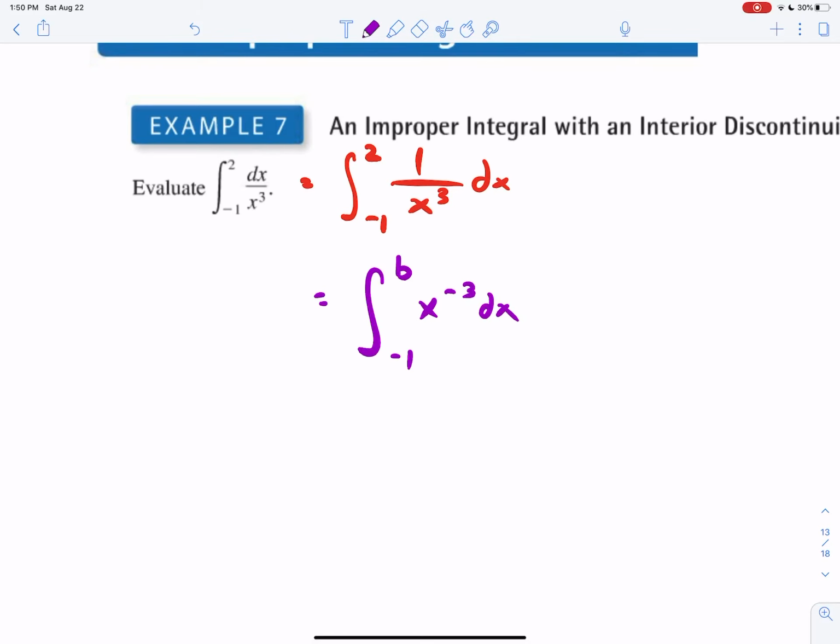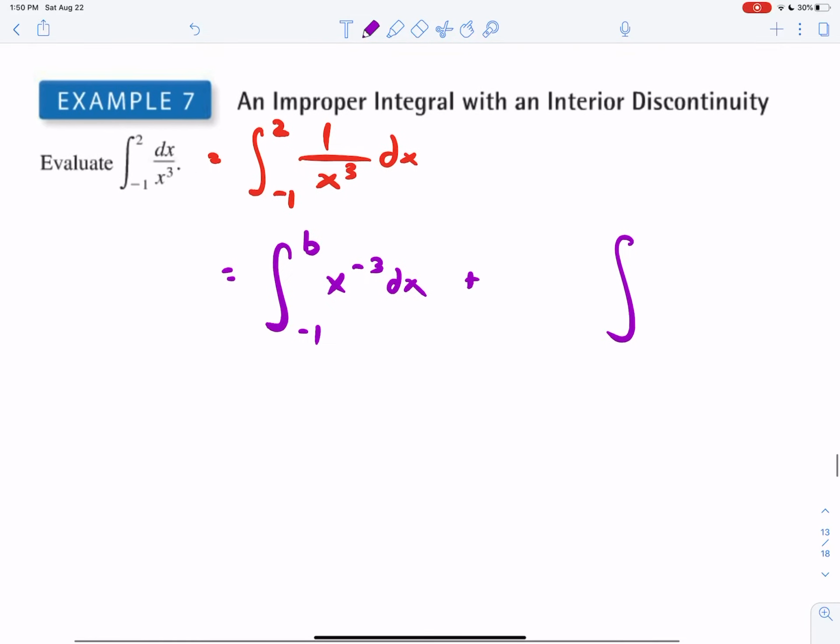And then I'm going to continue, and notice how I'm intentionally leaving space here. Actually, I'll scoot this over because I think I need more room. I'm going to continue from wherever I left off, b. Now again, remember lower bound is usually a, but I have to keep the same parameters here, okay? All the way to 2 of x to -3 dx.